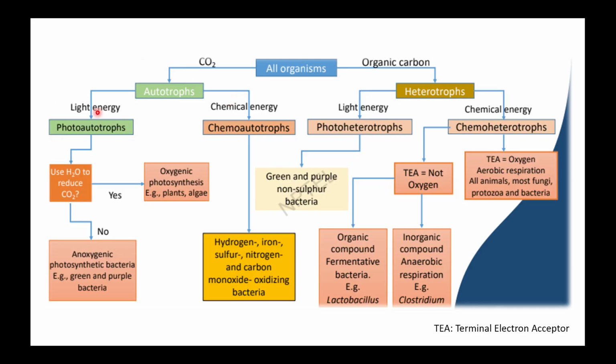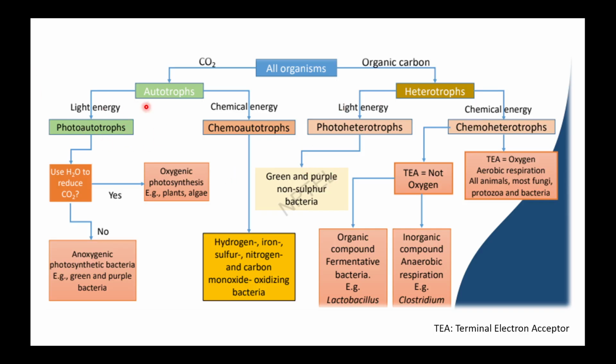If the source of energy is light, then it is photo. If the source of energy is chemical, then it is chemo. So if it is any chemical energy source, then it is chemoautotrophs. If it is a light source, then it is photoautotrophs. Same goes for heterotrophs. We have photoheterotrophs and chemoheterotrophs.